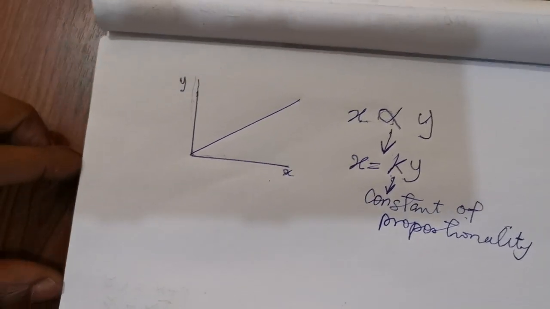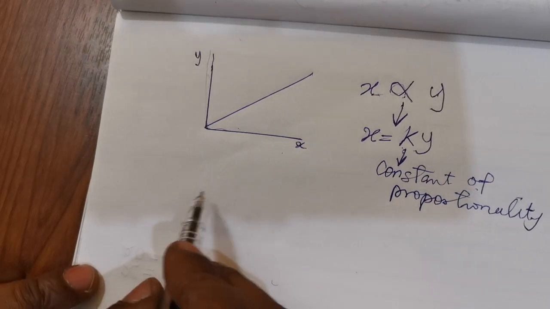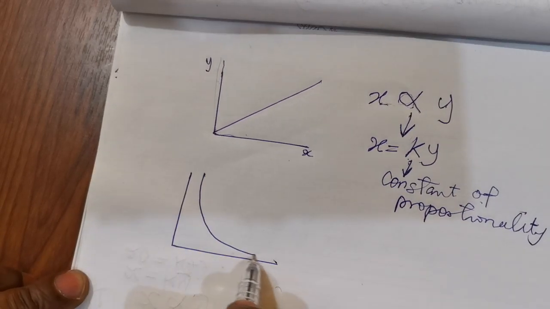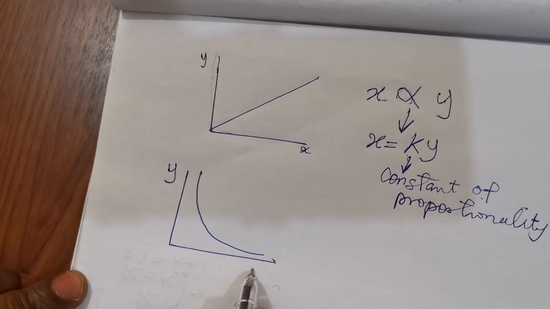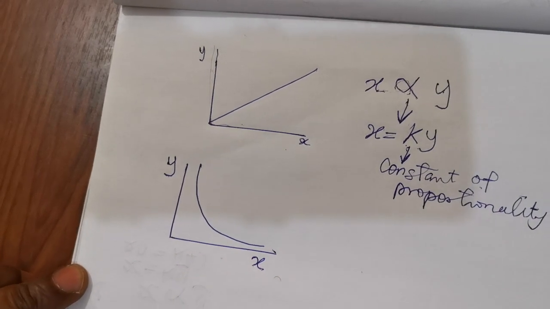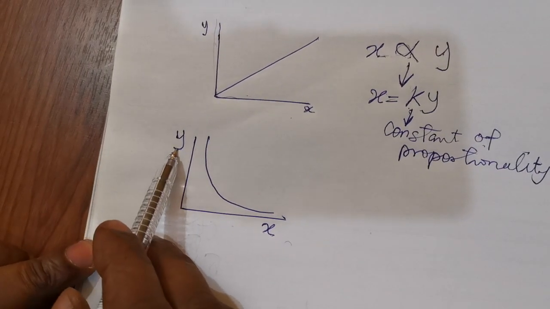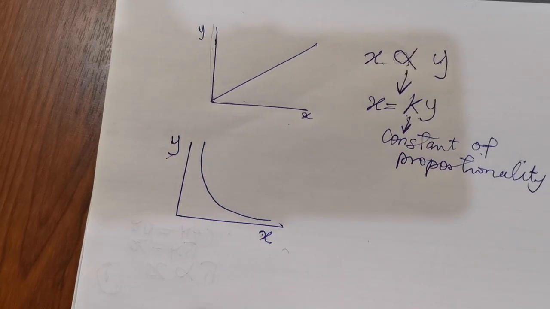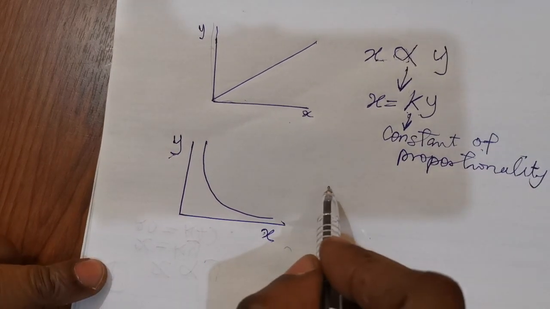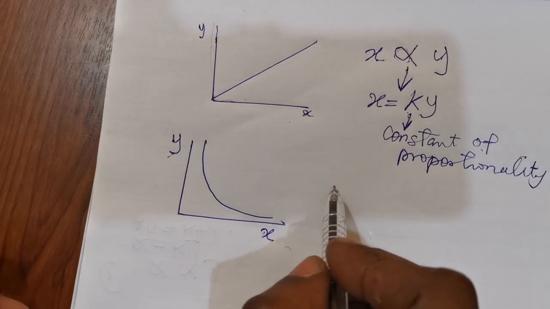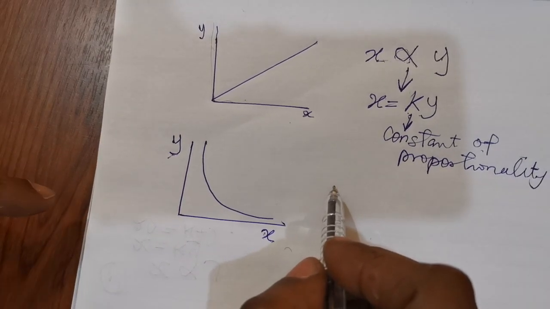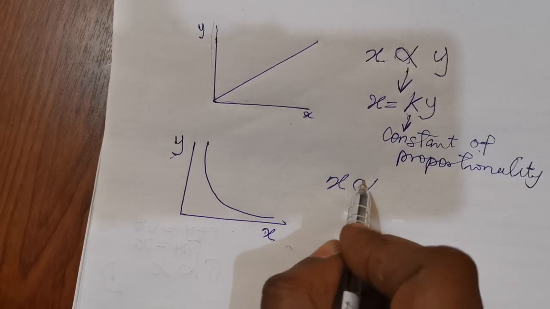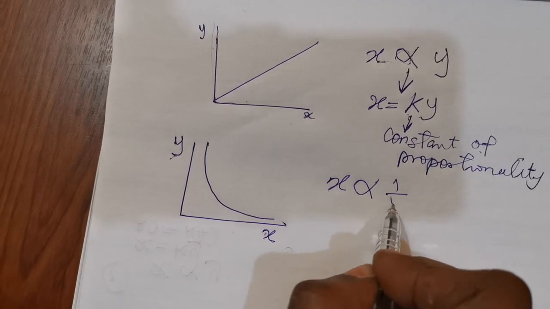In inverse proportion, we have a graph of this form. This is y and this is x. Here, as y is increasing, x will be decreasing. So if x is inversely proportional to y, that means x is proportional to 1 over y.